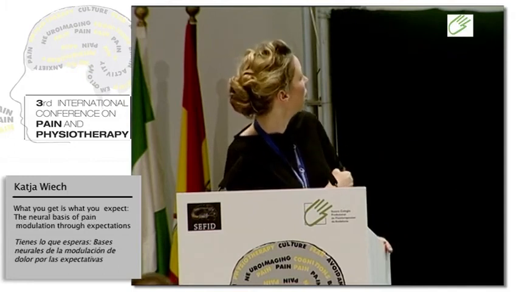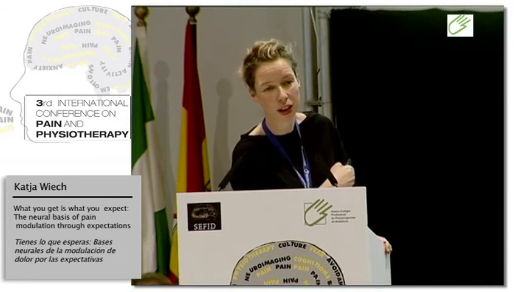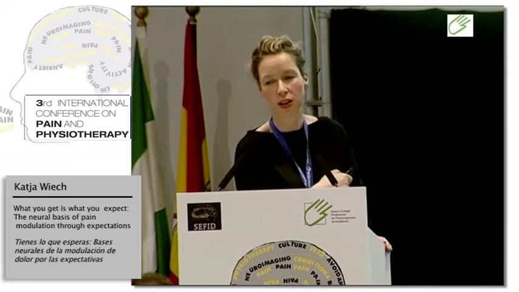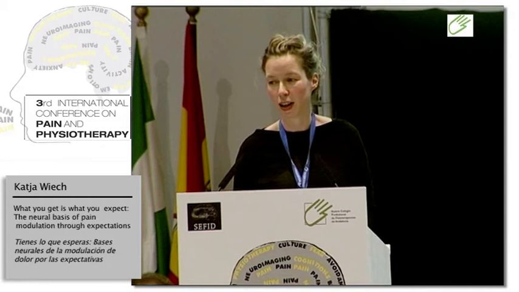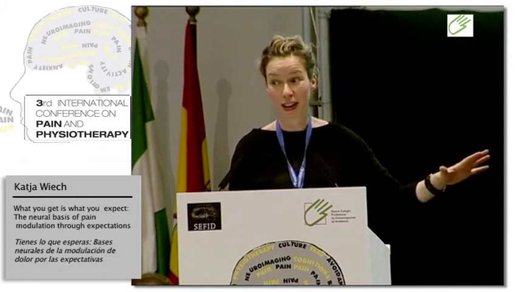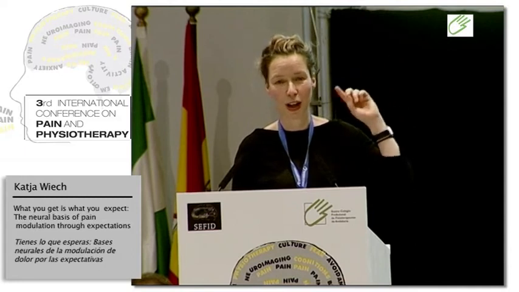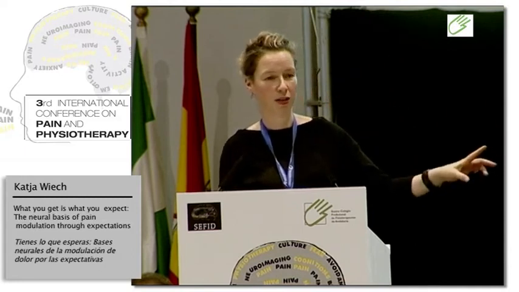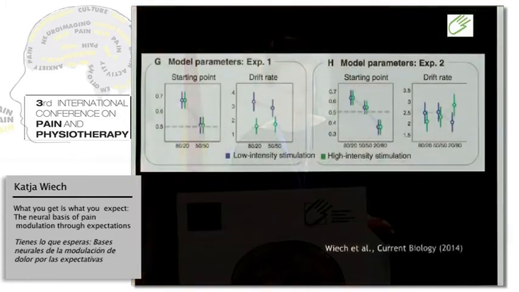But what you can see here is in the 80-20 condition, so when they expected high pain, they do indeed shift their prior up. They don't start at a neutral point where they really, in an objective way, collect the evidence, but they're already expecting high pain. So they need less evidence to wiggle up to that line where they would say, that is high pain. So they would jump to that conclusion without actually having the evidence.